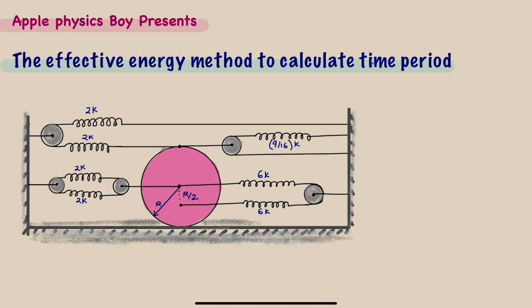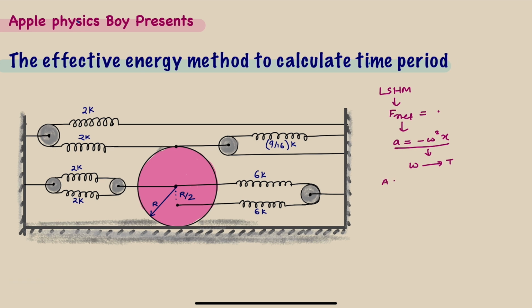When we want to calculate the time period of oscillation for simple harmonic motion, if it is linear simple harmonic motion, then we basically write down the net force, and from the net force we calculate the acceleration and express it in terms of this equation. From this equation we take out the angular frequency and then the time period.